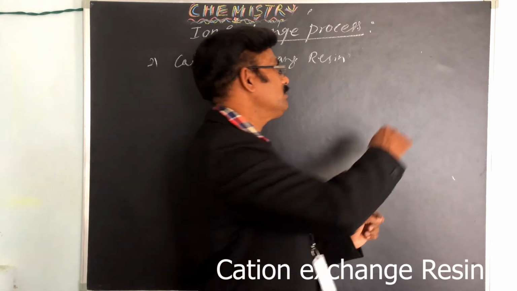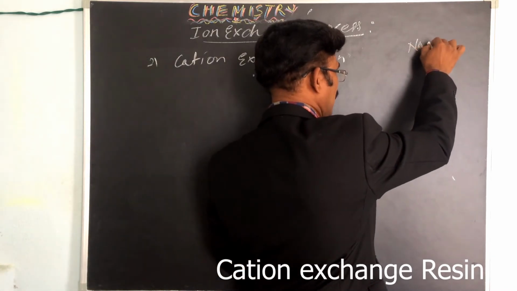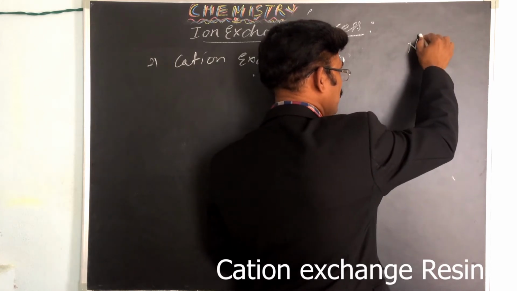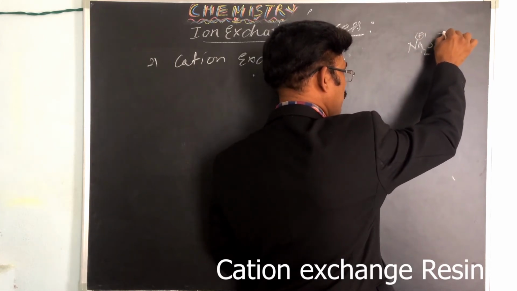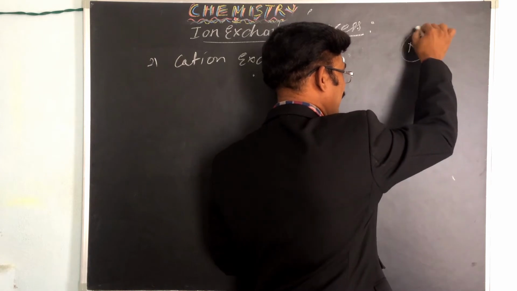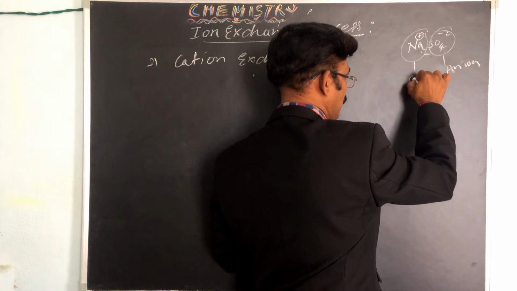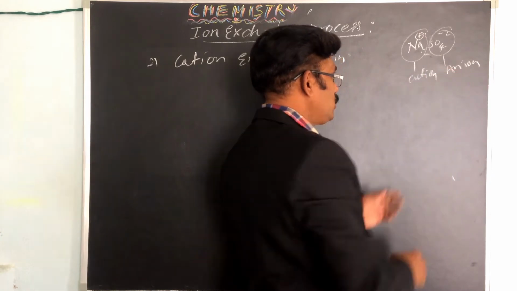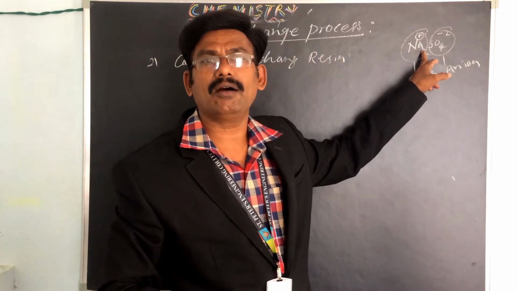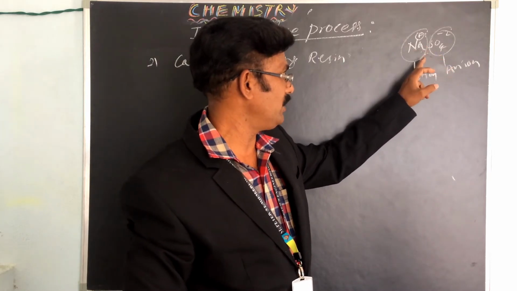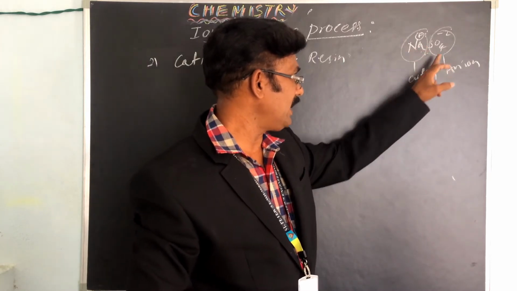For example, sodium sulfate, Na2SO4. Here sodium is plus 1, and sulfate is minus 2. So sodium is the cation and sulfate is the anion. This is the hardness-causing compound in water.